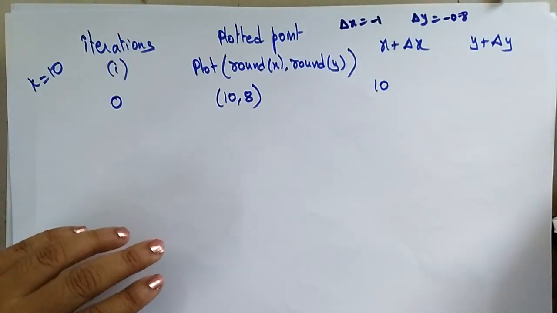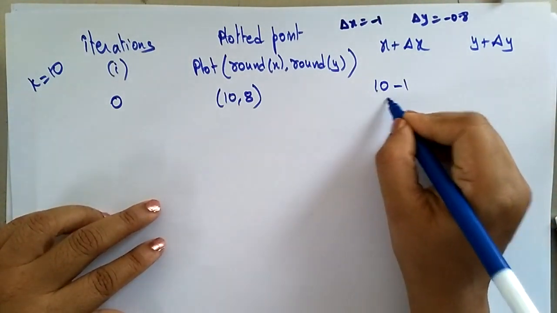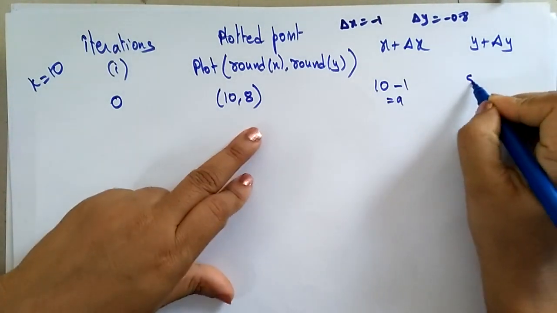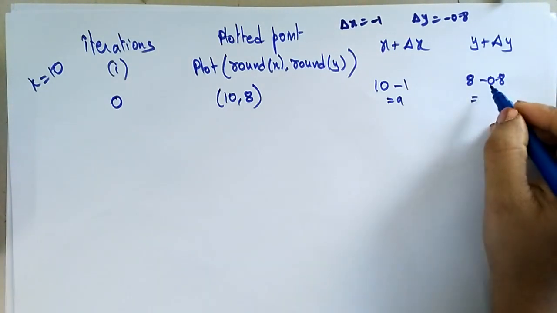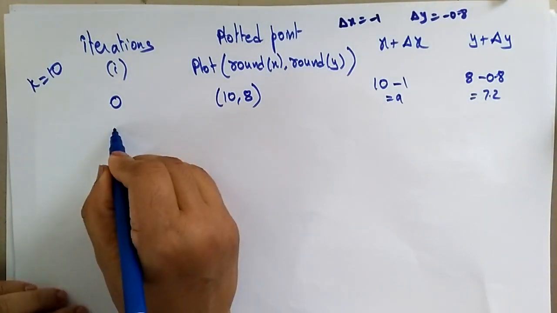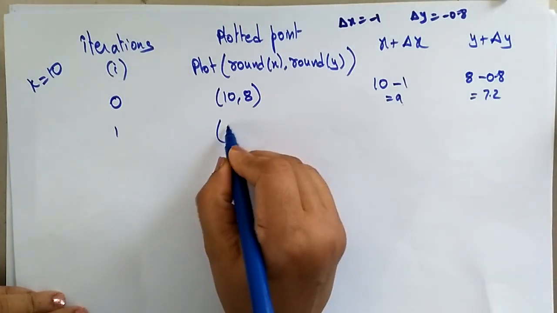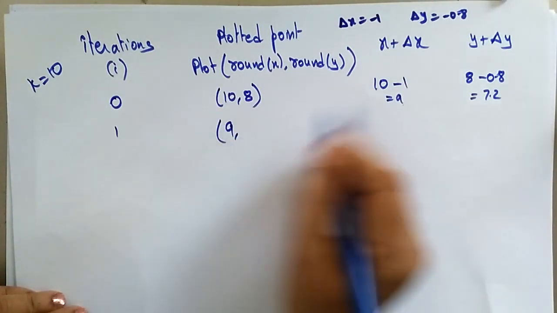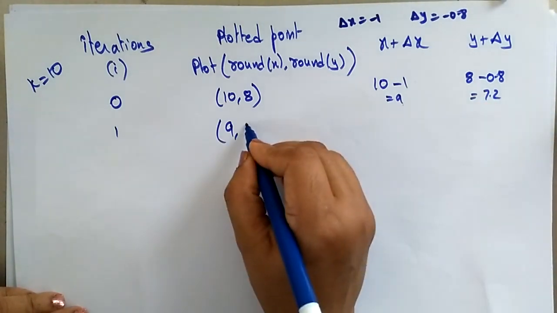Let me calculate now: 10 minus 1 gives 9, and y is 8 minus 0.8, which is 7.2. So in the first iteration the new values to be plotted are 9 and 7.2, rounded off to 9 and 7.